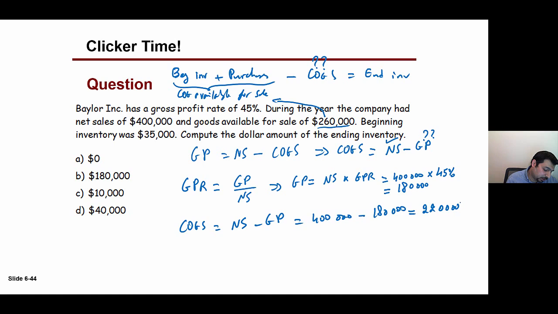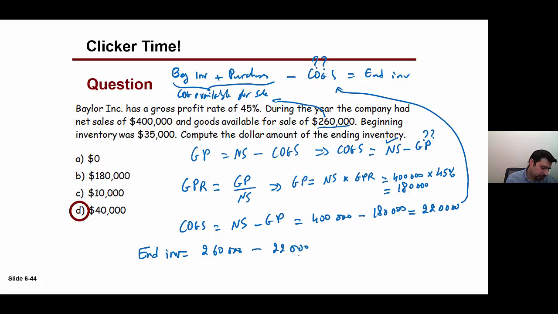Again, we plug this number in, which gives us the ending inventory equal to 260,000, the cost of goods available for sale, minus 220,000, the cost of goods sold. That would be 40,000. And this answer would be D.